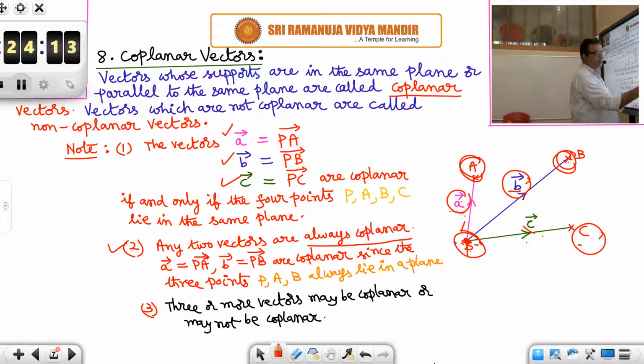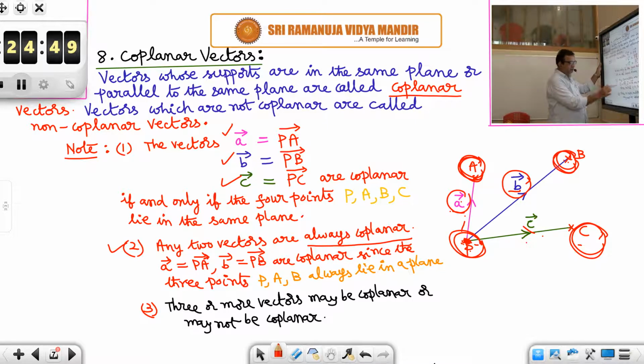If the four points P, A, B, C are in the same plane, then the three vectors A bar, B bar, C bar are coplanar. Four points may be in a plane, may not be in a plane. Four points need not be in a plane. So they may form a tetrahedron. This point may be out of the plane. So if the four points are in the same plane, then they are coplanar, otherwise non-coplanar.